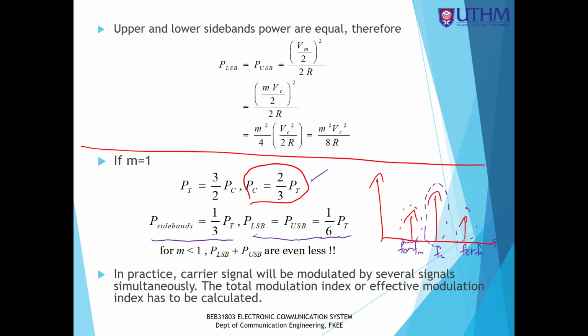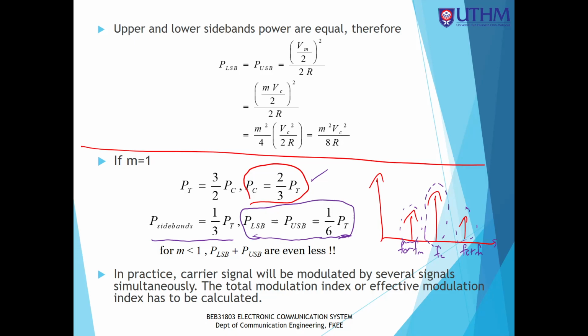This is during the ideal case, and during the non-ideal case, this power will be much less than 1/6 of the total power, which is not good. So ideally, we want the sideband power to be as high as possible, because information is contained within the sideband.